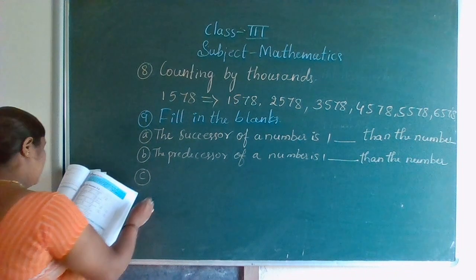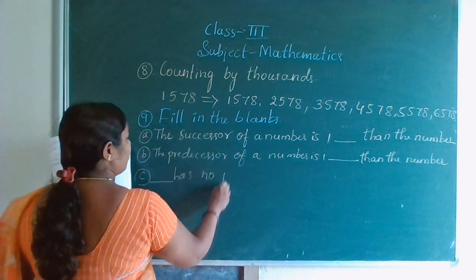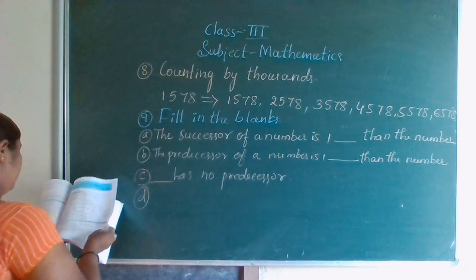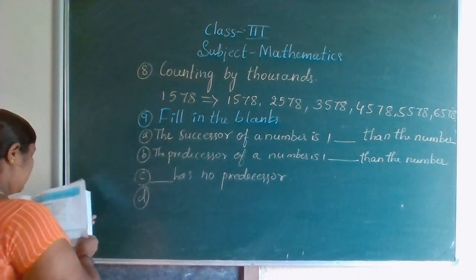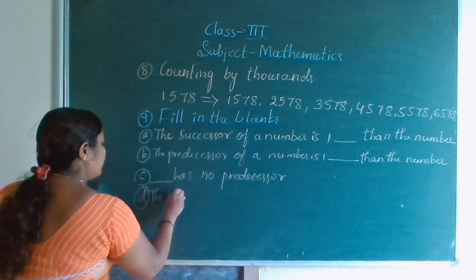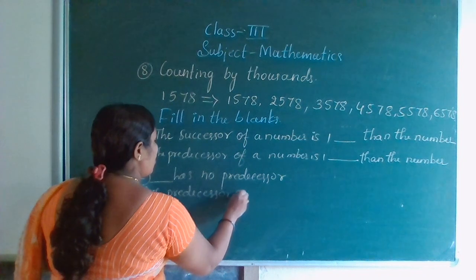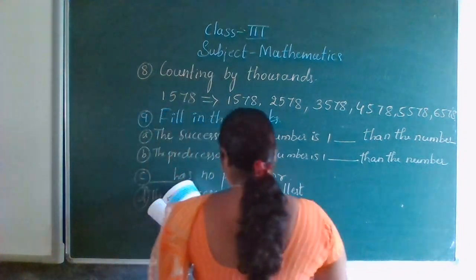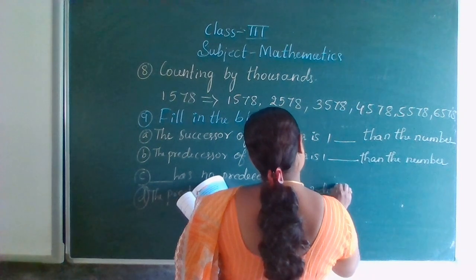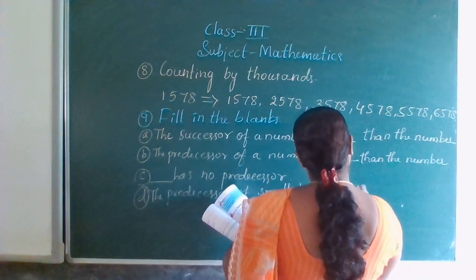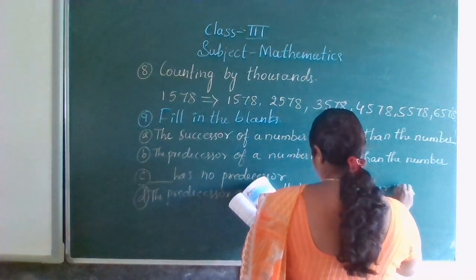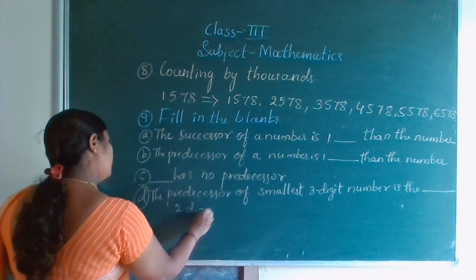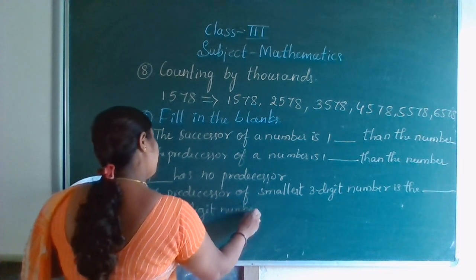C. Dash has no predecessor. D. The predecessor of the smallest 3-digit number is the dash 2-digit number.